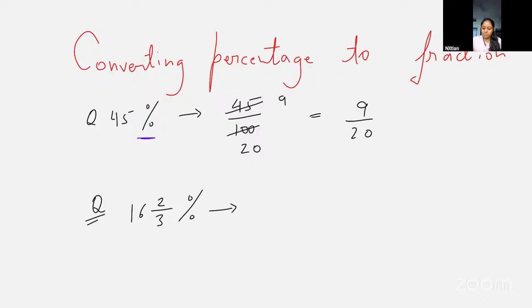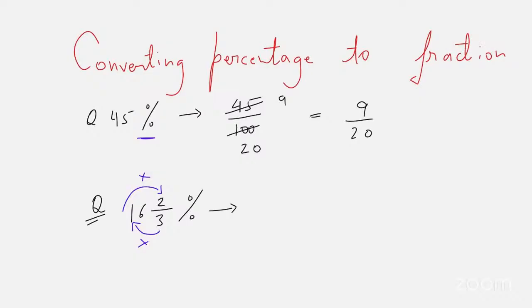16 into 3 plus 2. Hope you know this: the denominator is multiplied with the number at the side, and the numerator is added to the product.